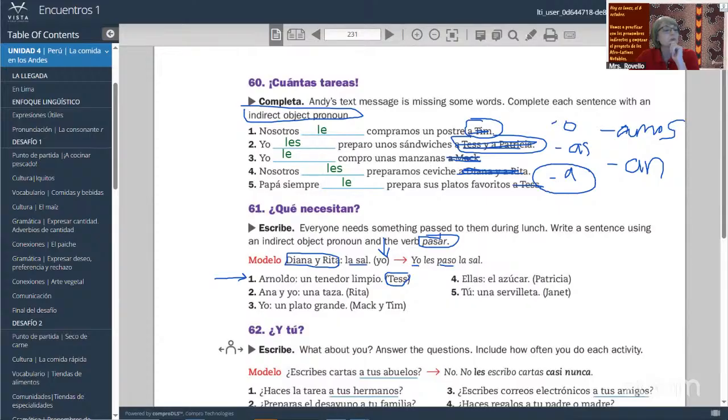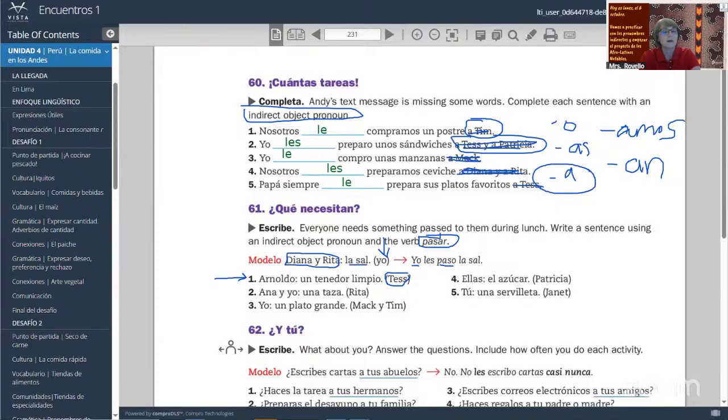Yeah, so for 3, Arshad, he did it correctly. He just did it the other way around, right? And so number 3 would look like Mac y Tim me pasan.